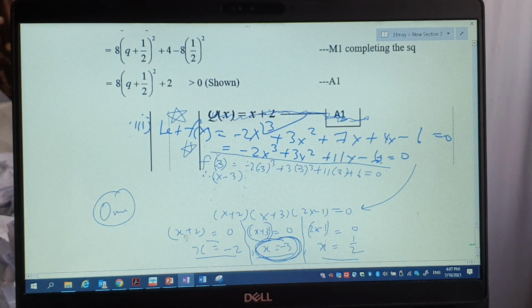Don't be like me, don't be so careless. You must say x plus 3 is a factor. Terrible, this is 3 lah.